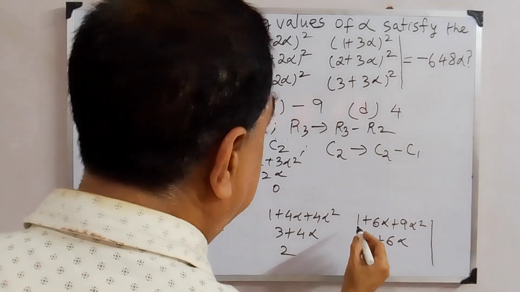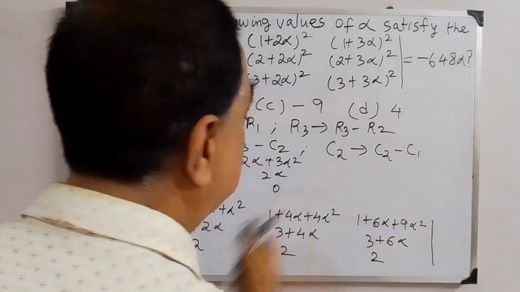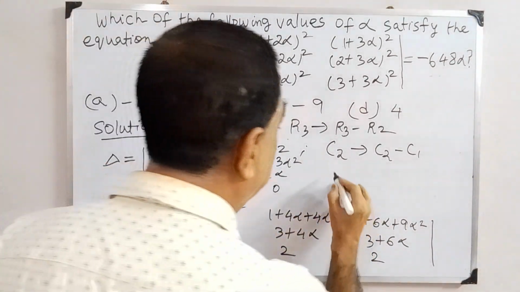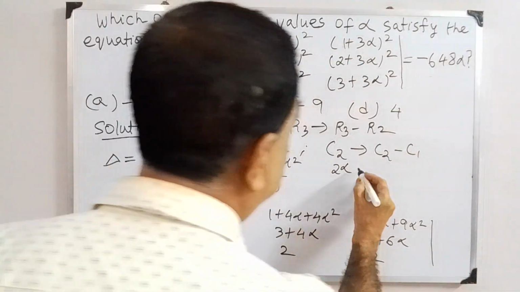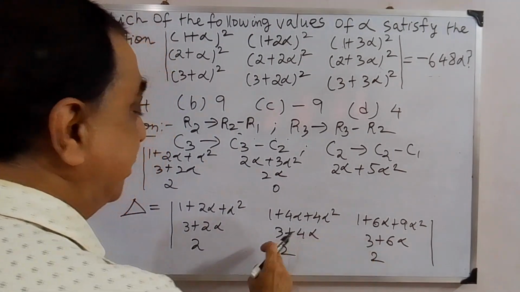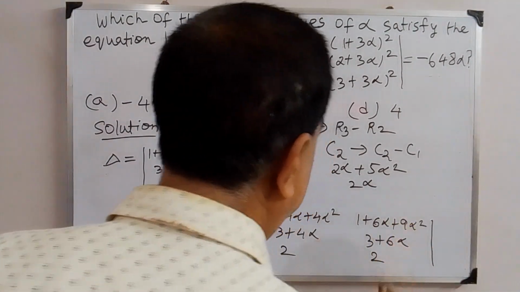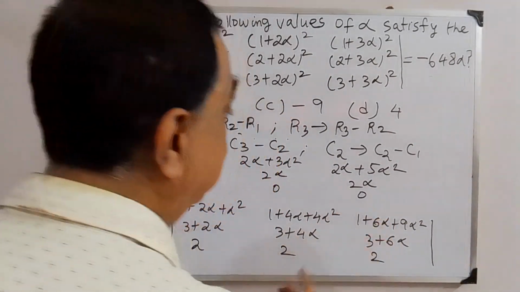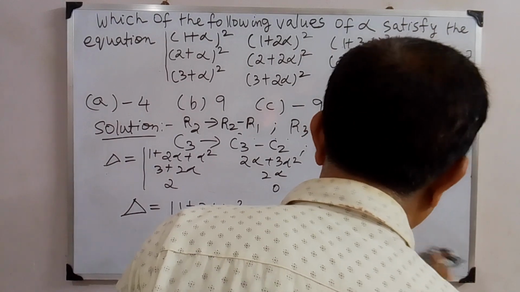And here 1 minus 1 becomes 0. And 6 alpha minus 4 alpha is 2 alpha. 9 alpha squared minus 4 alpha squared is 5 alpha squared. Similarly here 3 minus 3 becomes 0, 6 alpha minus 4 alpha is 2 alpha, 2 minus 2 becomes 0. So that we get the delta.